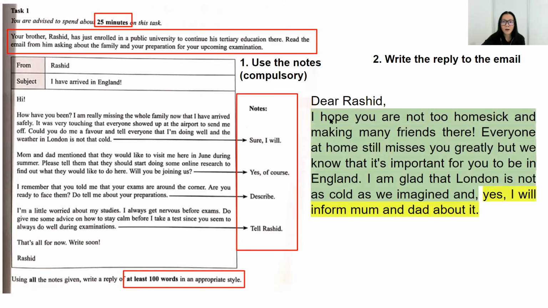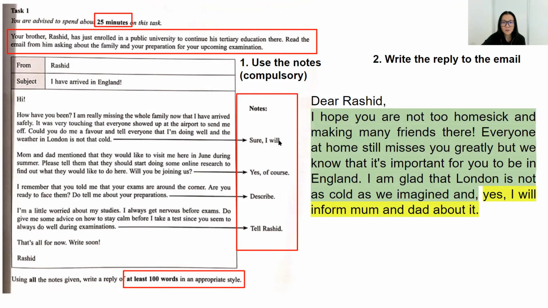The greeting can be very straightforward and also strategic, since you already know that your brother is homesick and missing the family because he's far away in England and you are in Malaysia. So start a greeting relating to that. In this introduction sample that I had written, the green is the expansion and the yellow is to answer the question as per the notes.